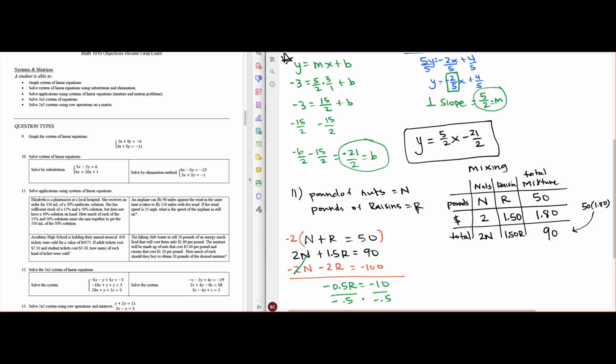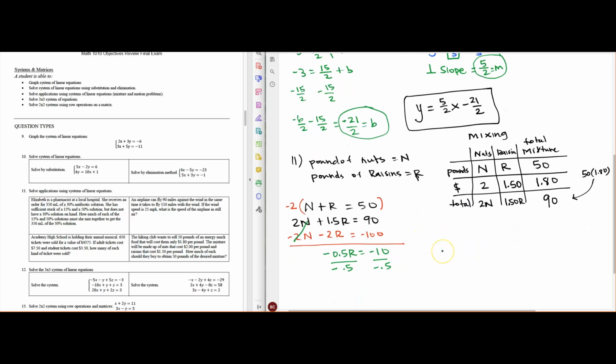Okay, and whether you did this by substitution or elimination, remember it doesn't matter. You still will get the same answer either way. So you should get r equals 20 on this. Right? So when you do -10 divided by -0.5, r is 20. So that means we need 20 pounds of raisins.